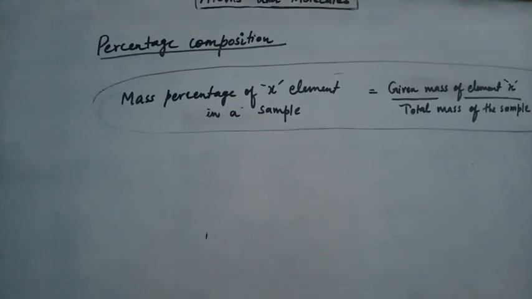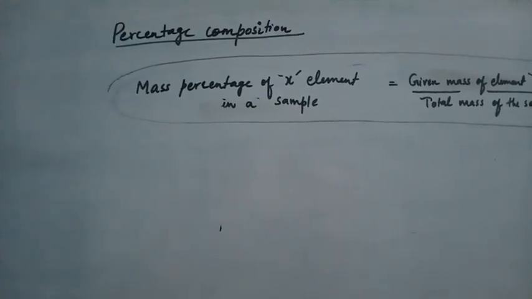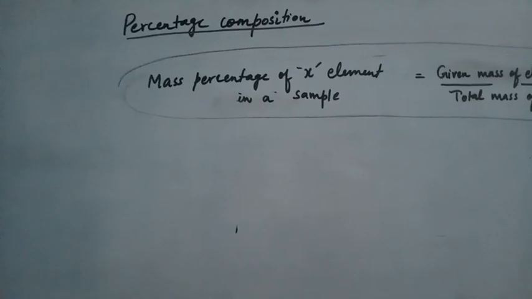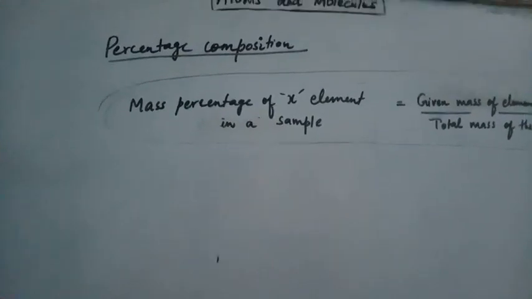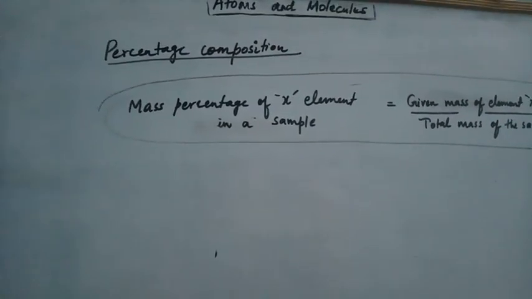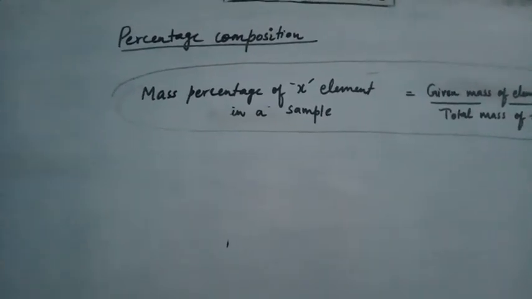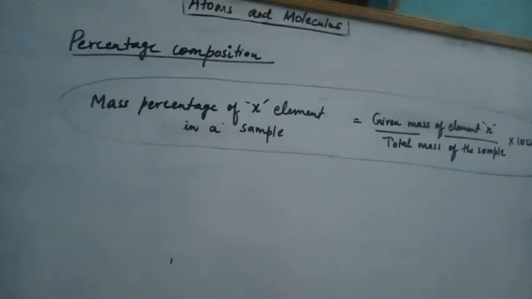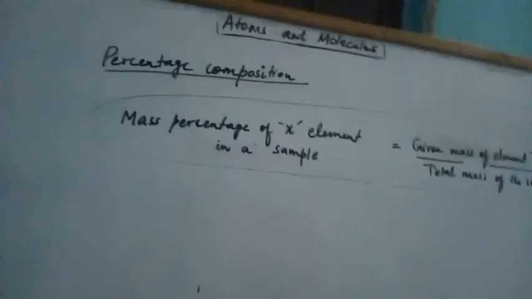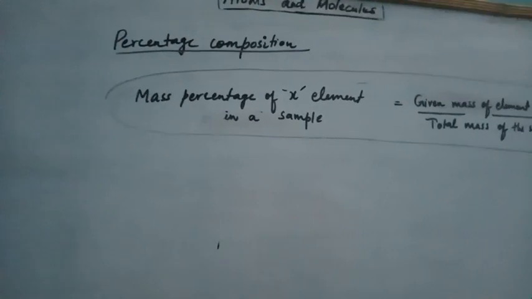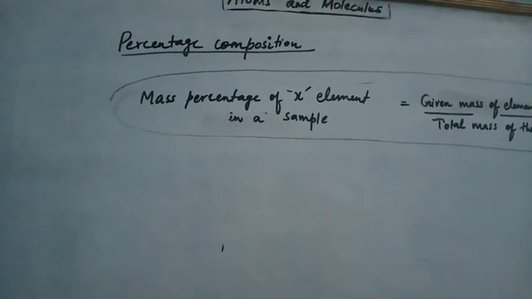If the question gives a certain mass of a sample and the masses of the constituent elements present in that sample, and asks for the mass percentage of a constituent element, then you can use this formula. Here you don't know the name of the compound, so you cannot find the molecular formula, because if you don't know the name of the compound, the molecular formula cannot be calculated.